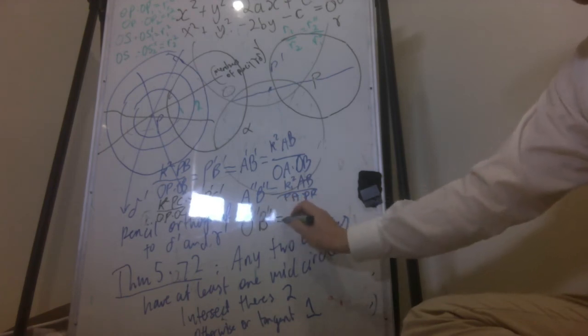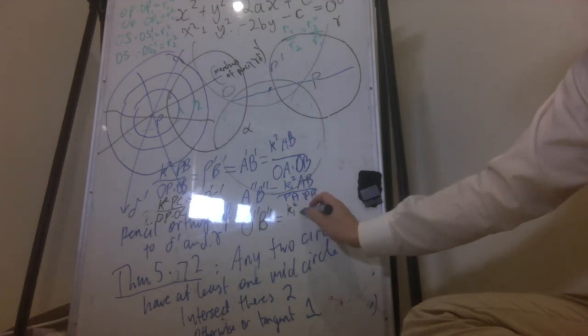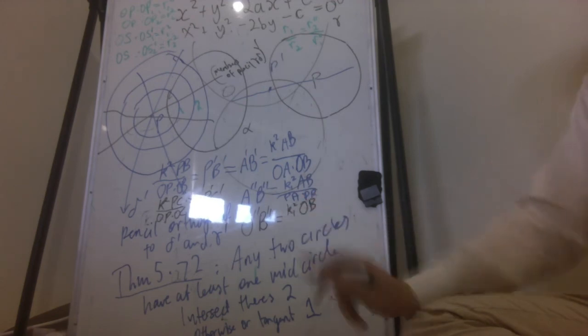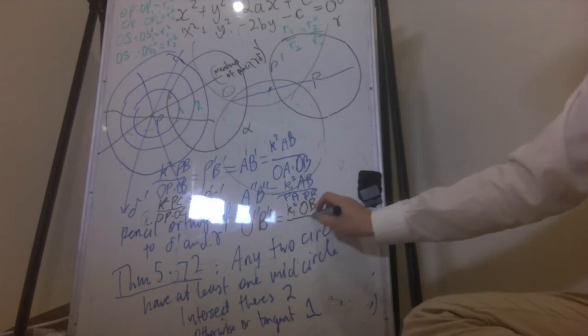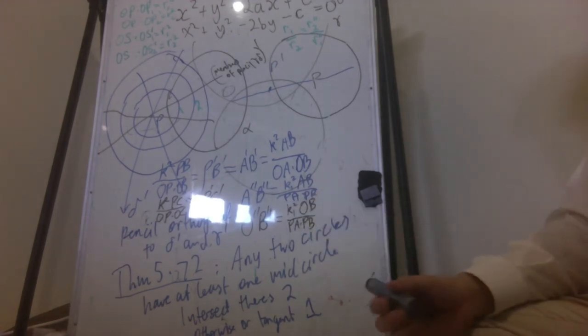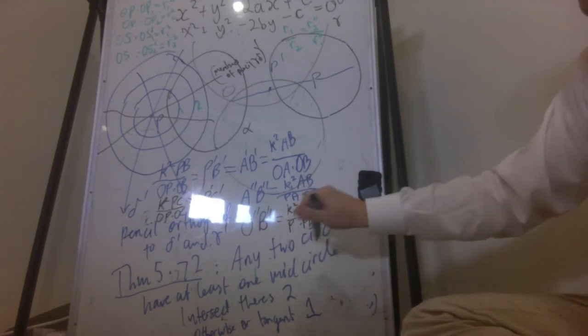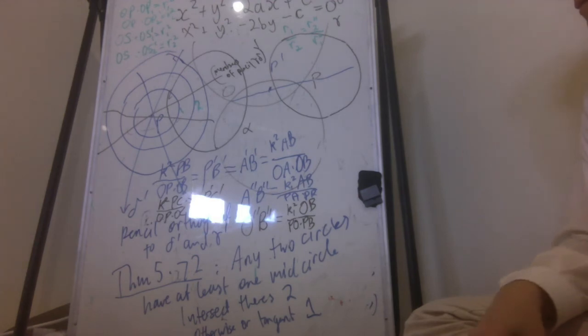D double prime equals K1 squared OB on PA, PB. Good. Okay. And that cancels with basically PB on OB times OB.